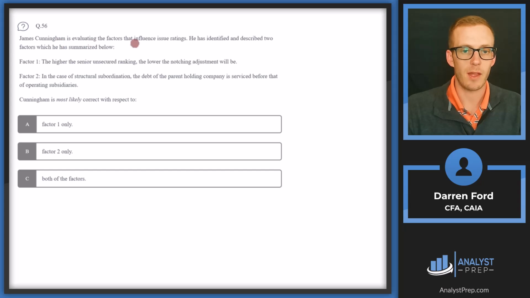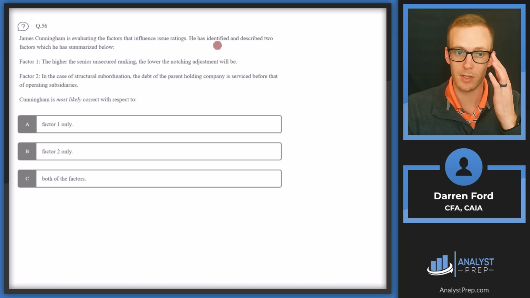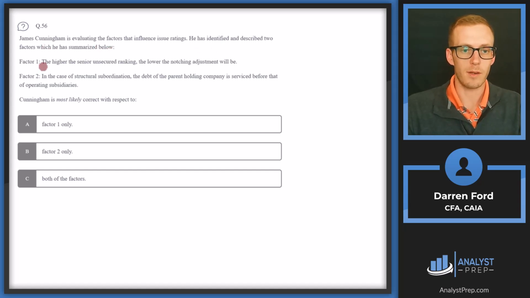Question 56. James Cunningham is evaluating the factors that influence issue ratings. He has identified and described 2 factors, which he has summarized below. Factor 1, the higher the senior unsecured ranking, the lower the notching adjustment will be. This is a correct statement. Essentially, the higher this is ranked, that means there's less debt above it in the capital stack, making the notching adjustment lower, essentially.